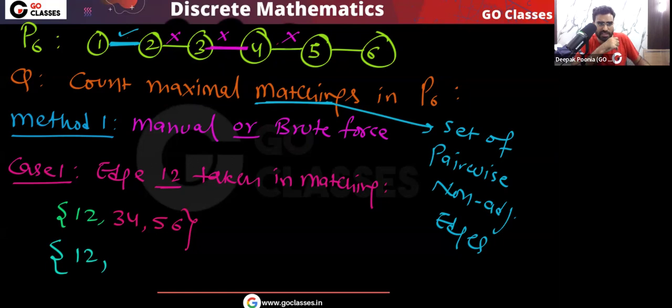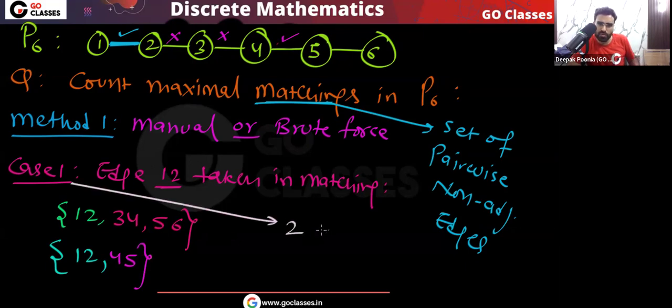After taking 4 5, I cannot take 5 6. So you can see that in this case number 1, in total two maximal matchings we got.